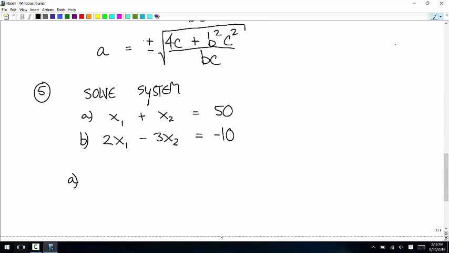So equation A, if I rearrange this to express x1 in terms of x2, we get x1 is equal to negative x2 plus 50. And now I can take this and replace the x1 with it.